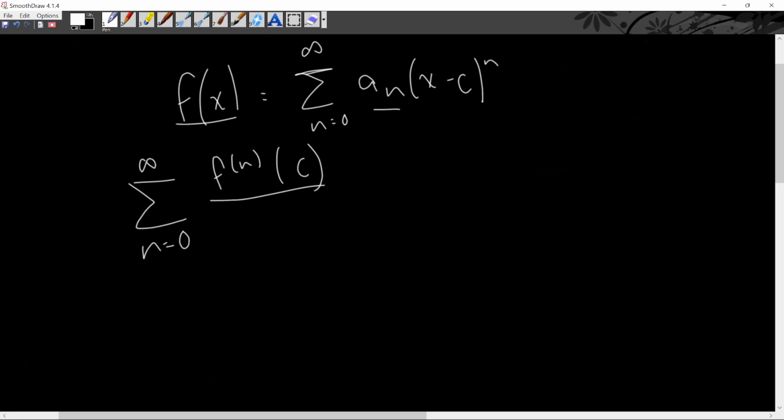I was confusing myself because we've been working a lot with c equals 0, which again is a Maclaurin series. But you take the nth derivative of the center over n factorial, so the term that we were on, as we said, and this is multiplied by x minus a to the n, or not x minus a, sorry, x minus c to the n, the center.